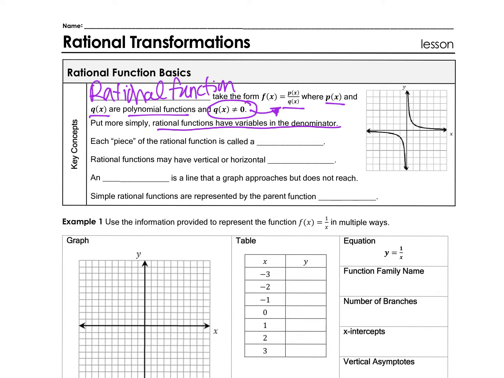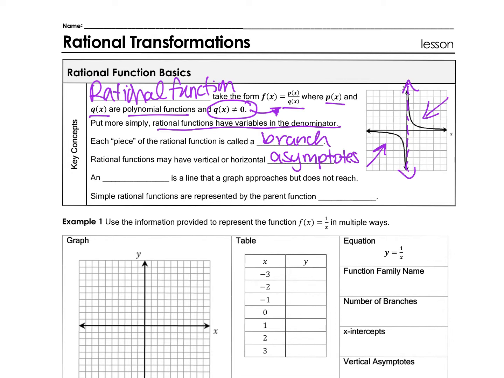Each piece of the rational function is called a branch. Notice here, there's a piece here and a piece here, which would be 2 branches. A rational function may have vertical or horizontal asymptotes, which we've talked about briefly when we went over this in Unit 1. Notice these two lines are approaching x equals 0, that straight line.